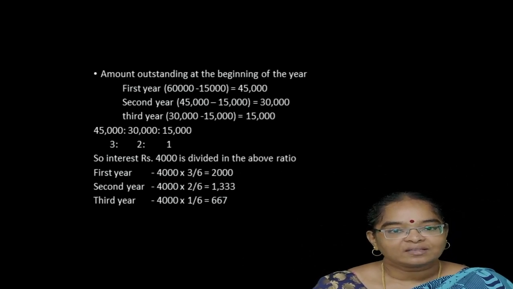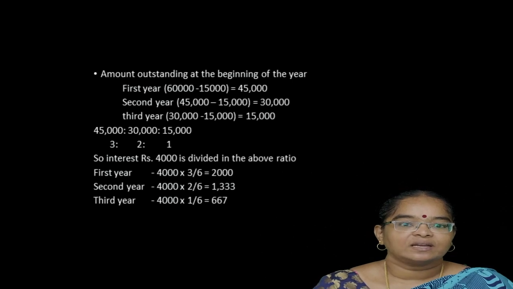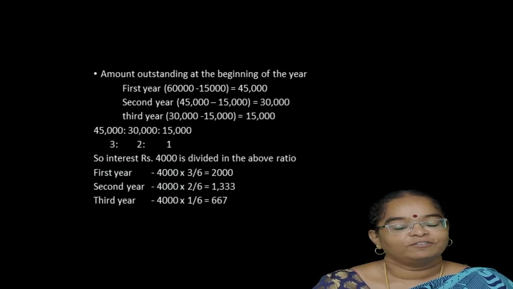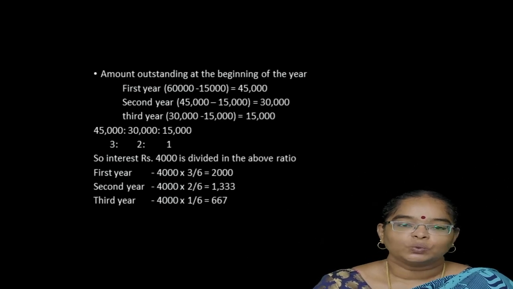And in the second year, amount outstanding at the beginning is 45,000. 15,000 installment is paid, so amount outstanding at the end of the second year is 30,000. Similarly, amount outstanding at the end of the third year is 15,000. So the ratio is 45,000 is to 30,000 is to 15,000, so it is in the form of 3 is to 2 is to 1.